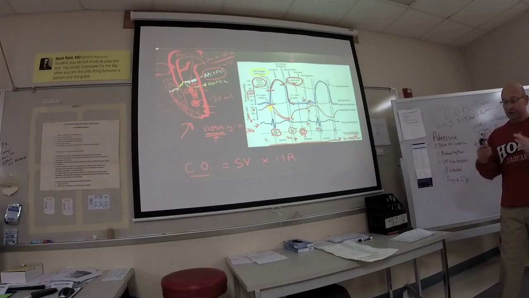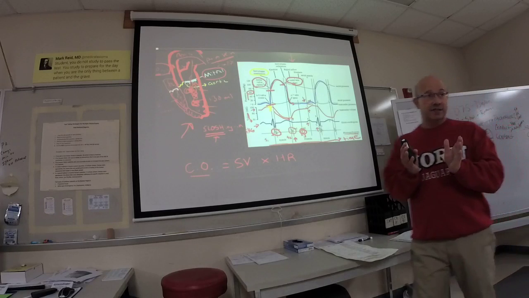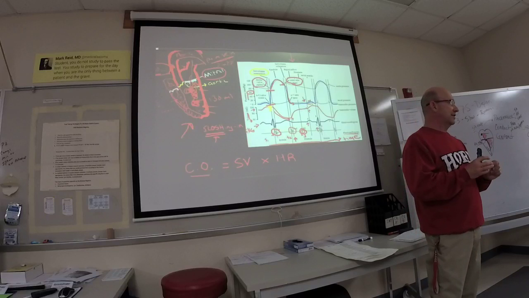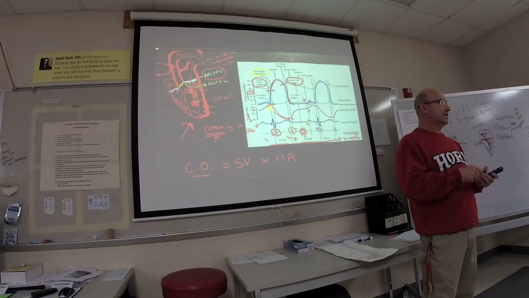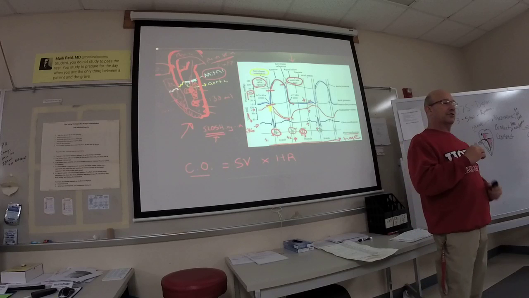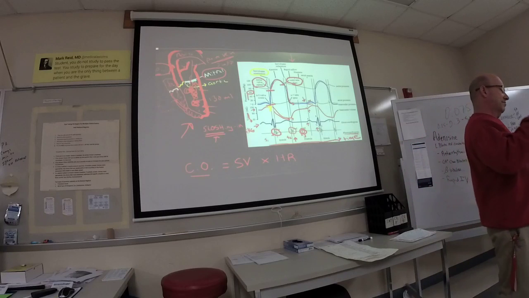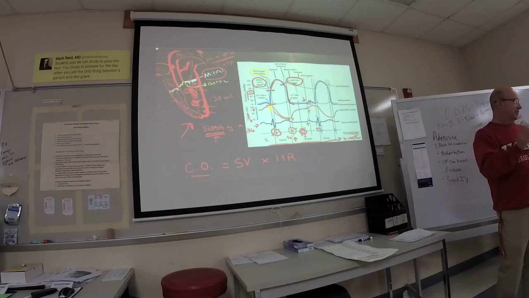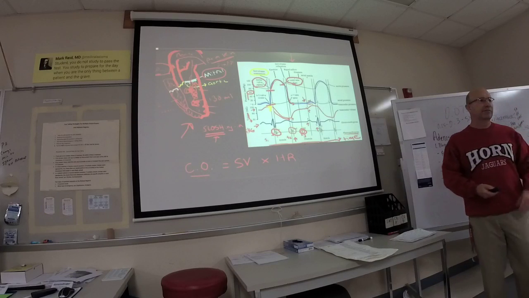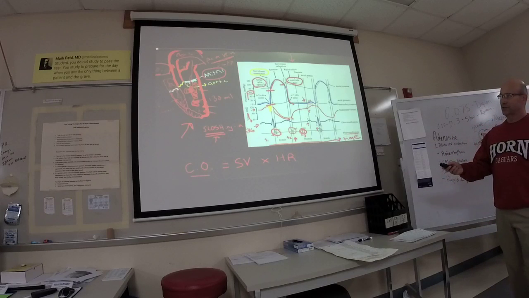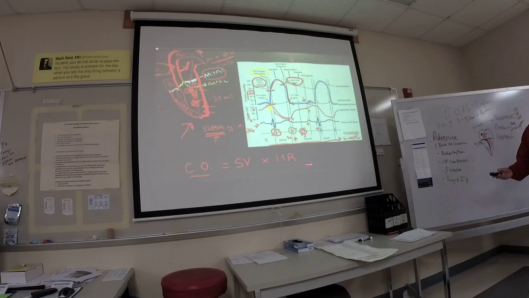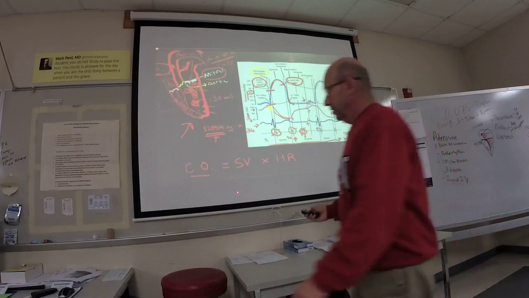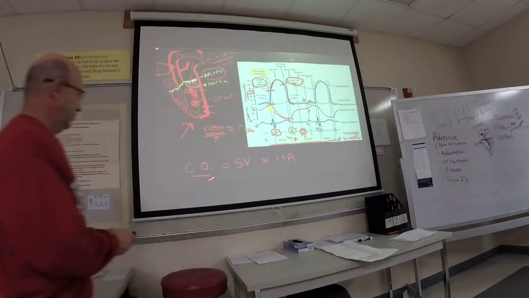Every time that left ventricle contracts, a normal stroke volume, we're using 70 as our standard, is 70 milliliters. Heart rate, we got that down, right? So we multiply those two together and we get cardiac output.